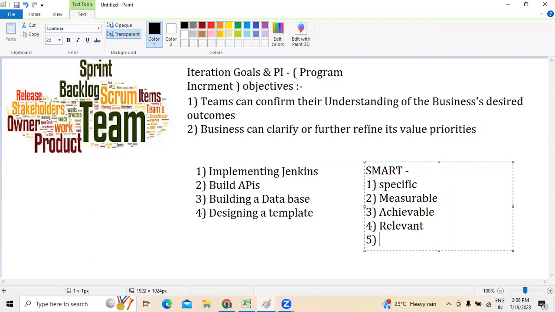Followed by this, last but not least, timely objectives, understanding as well as writing timely objectives is also essentially required. So these are the major areas we need to understand in the context of SMART: specific, measurable, achievable, relevant, timely, right? These are the techniques which normally we need to use when we are writing down any objectives in the real world of agile planning.